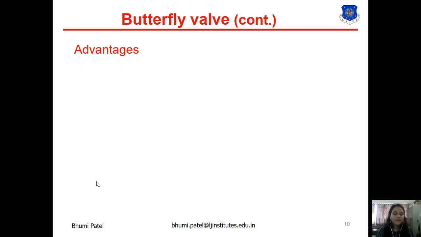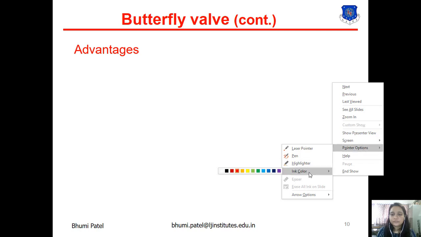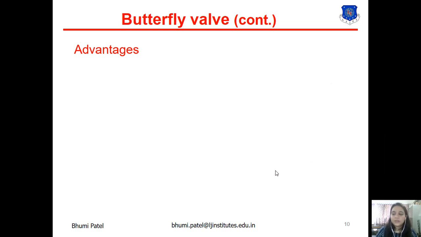Now the advantages of the butterfly valve. First of all, where is the butterfly valve used? Butterfly valves are commonly used on large pipe sizes where we cannot connect a ball valve or a plug valve. Why?